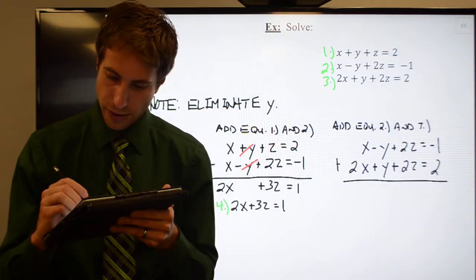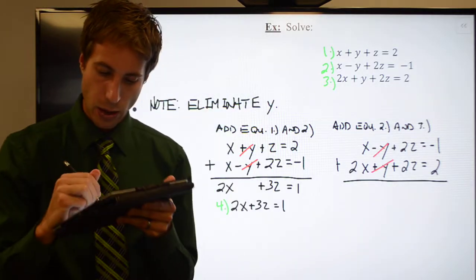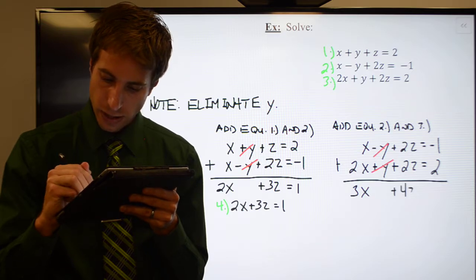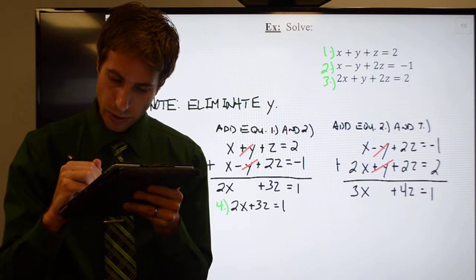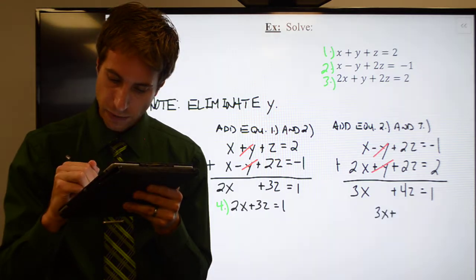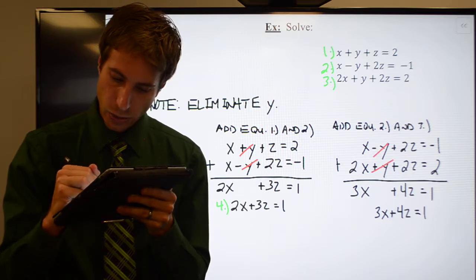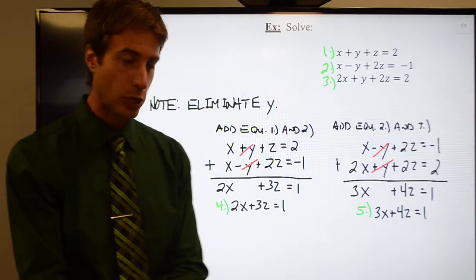We add them together just like we wanted. The y's are eliminated, and here's what I wind up with. 3x, 4z, and that's going to also be a positive 1. Let me rewrite it. 3x plus 4z is equal to 1. And that is going to be equation number 5. We just found ourselves another new equation.